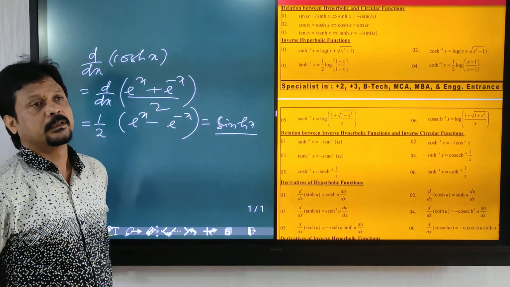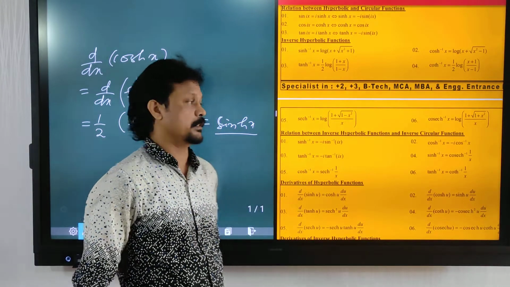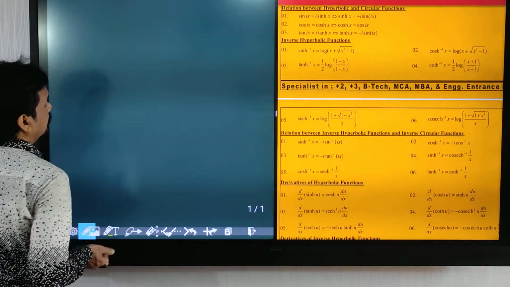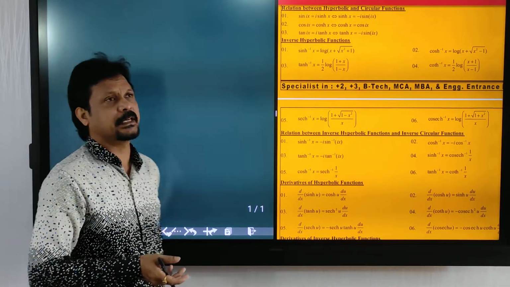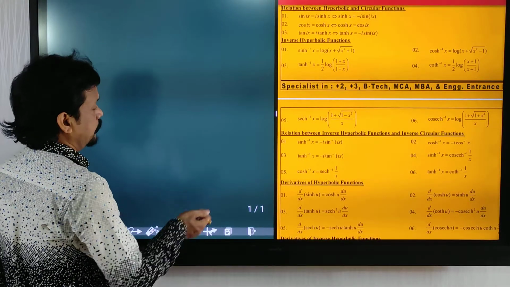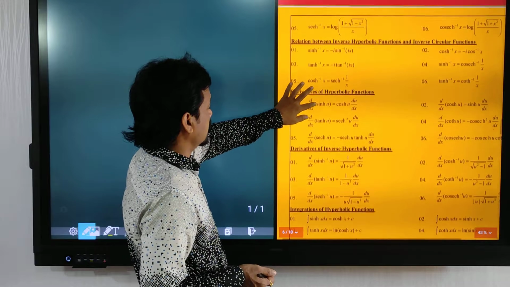That means the derivative of sinh x is cosh x, and the derivative of cosh x is sinh x. Clear? You only have to differentiate, and you already know how to differentiate exponential functions. So similarly, you can do the derivatives of hyperbolic functions.